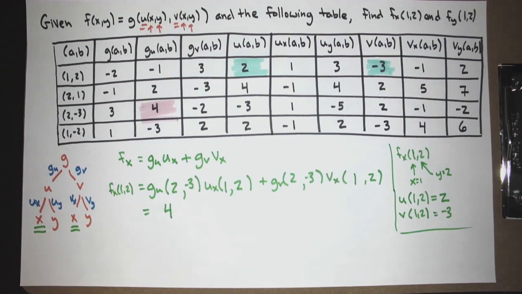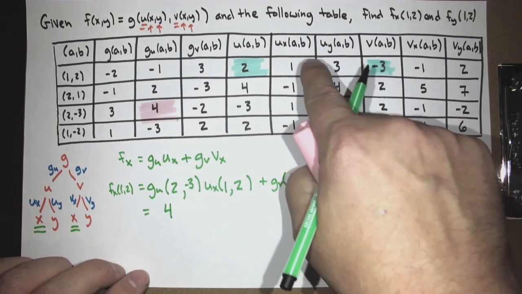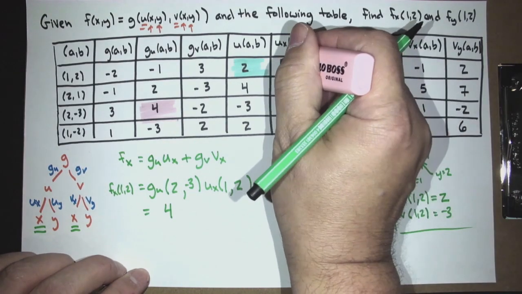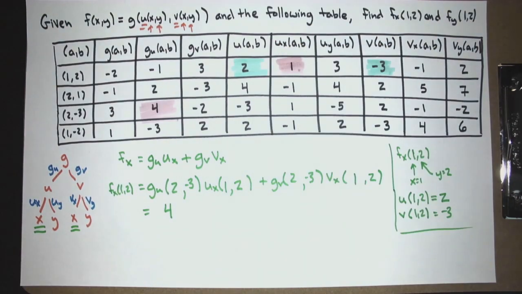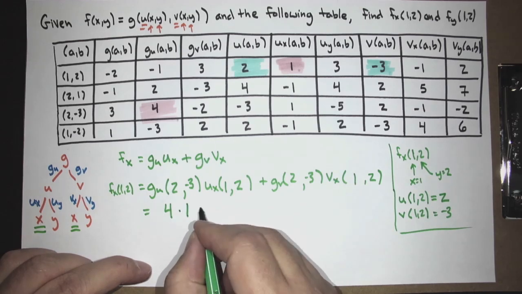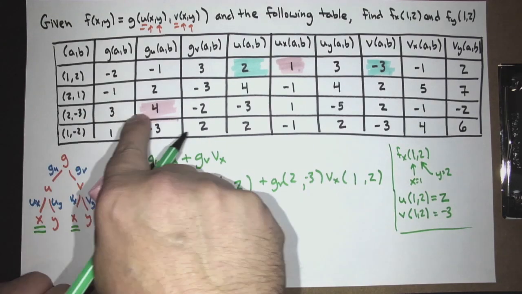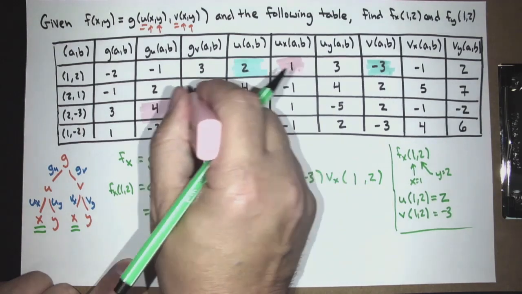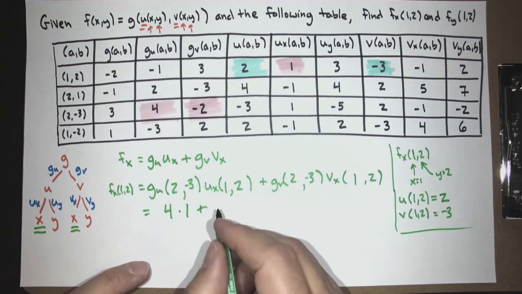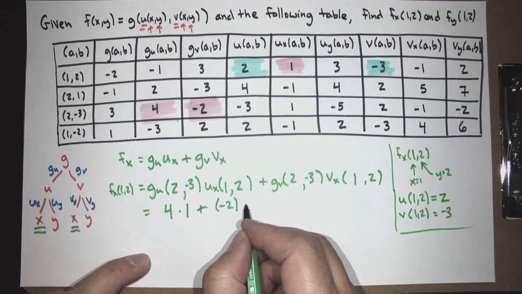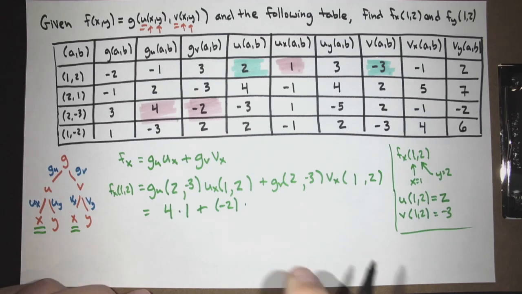Do we know u sub x at 1, 2? Well, here's u sub x at 1, 2. 4 times 1. Do we know g sub v at 2, negative 3? Negative 2. Do we know v sub x at 1, 2?